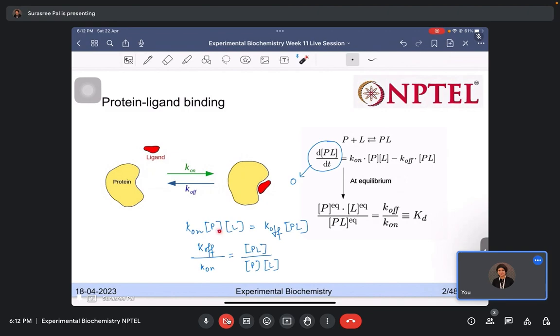So this is how we can represent K off by K on. And we know this term stands for the dissociation constant, which is Kd, right? So therefore, K off by K on will be equal to Kd at equilibrium.